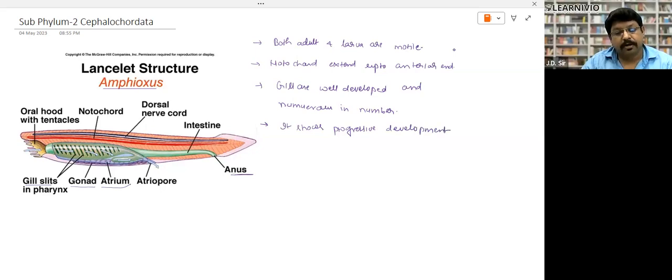Progressive development means the adults are more advanced than the larva.